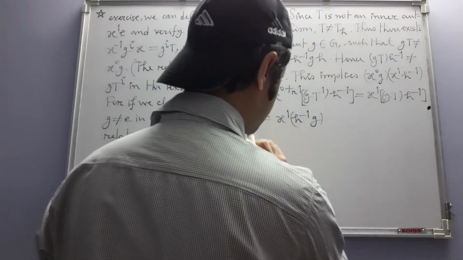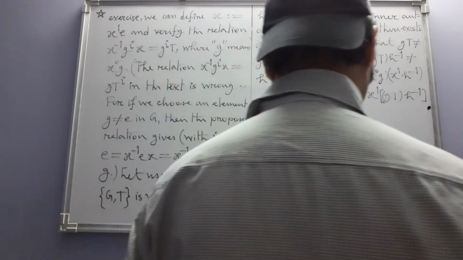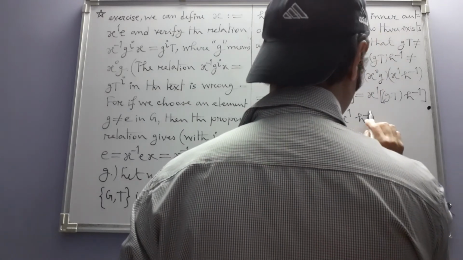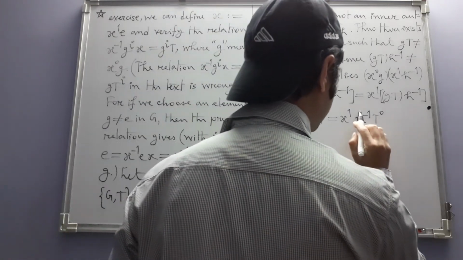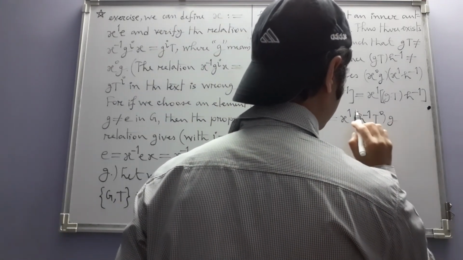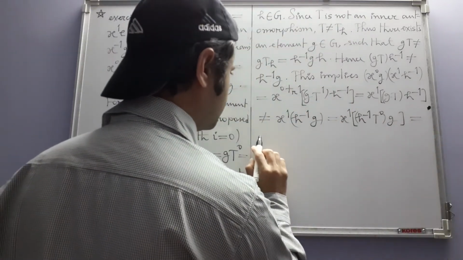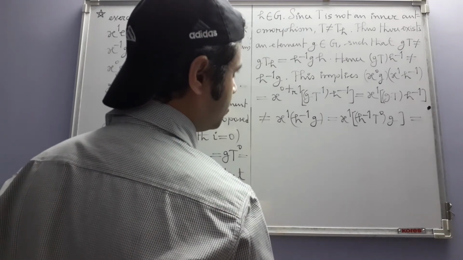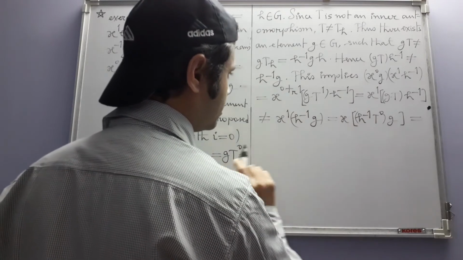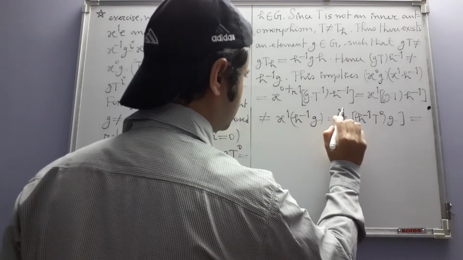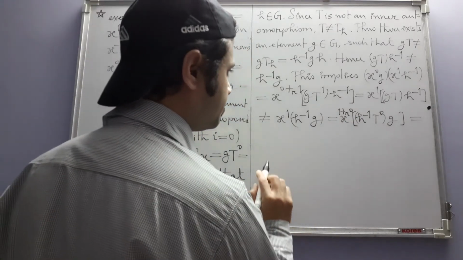And this thing turns out to be x1. Now in place of H inverse we can write H inverse T to the power 0 because T to the power 0 is the identity map. And if one wants, one can also in place of 1 write 1 plus R0 because that is going to be 1.